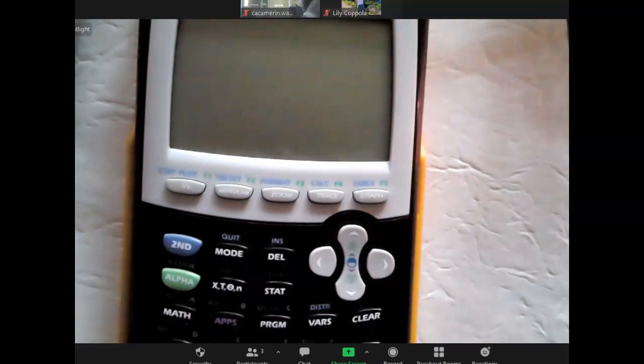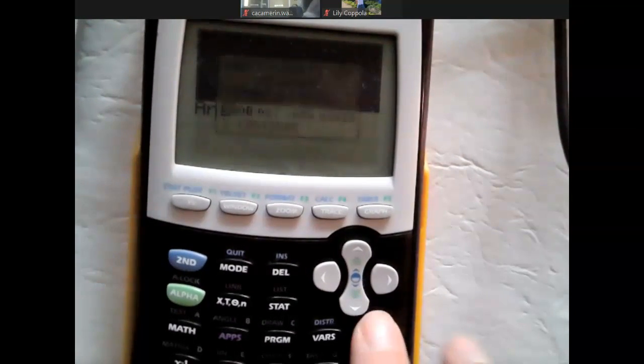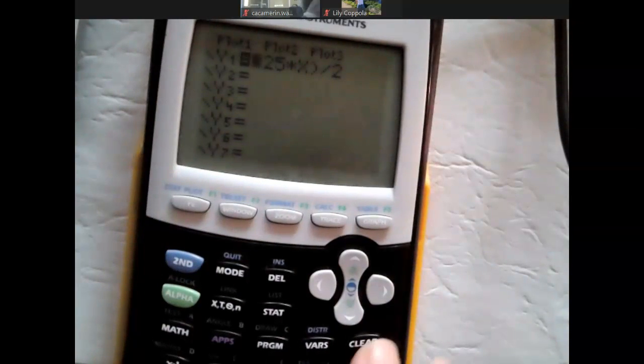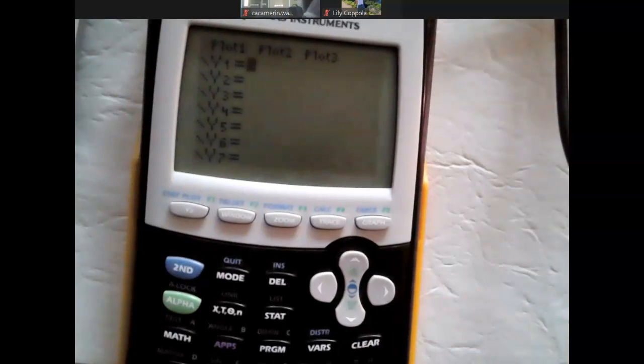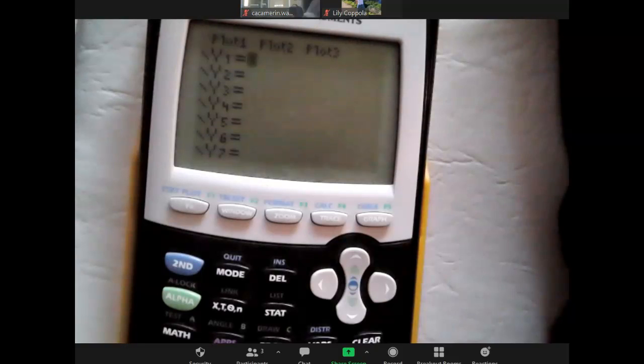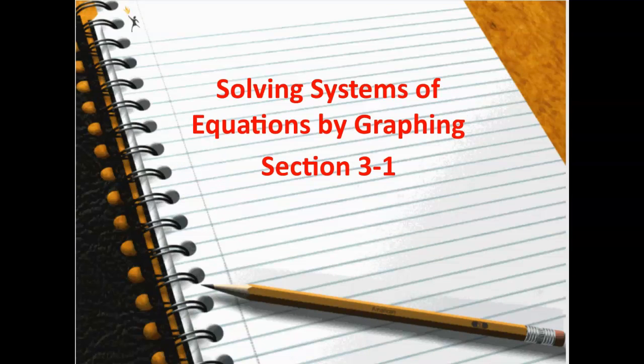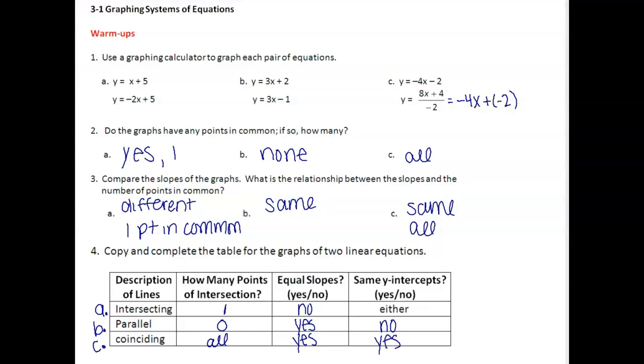Okay, so on our graphing calculators, what we want to do is go into y equals. If you have anything in y equals, go ahead and clear it out. Then we are going to enter some of the data from here.